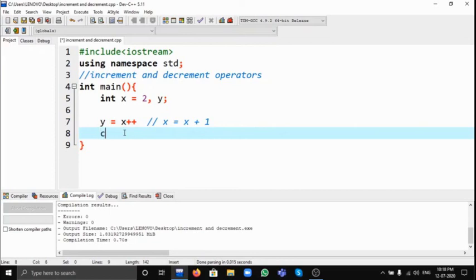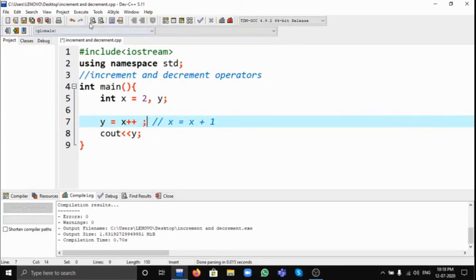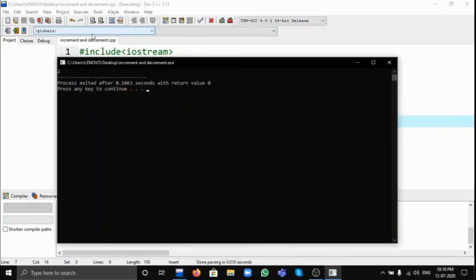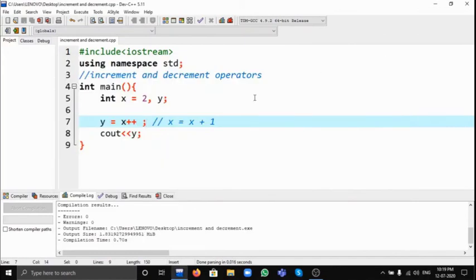So what do you think the value of y should be if I print it like this? Will it be 3 or something else? Let's find out. I forgot to put a semicolon. Let's see. Okay, surprisingly, the value of y is 2. Now, why is this the case?